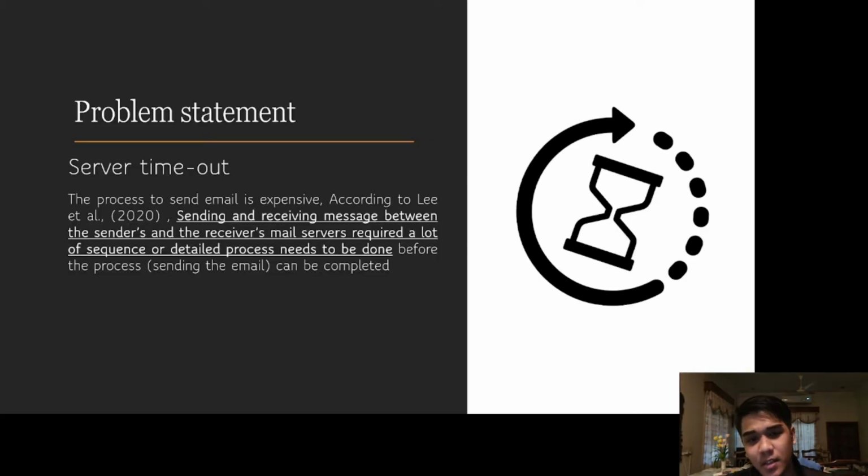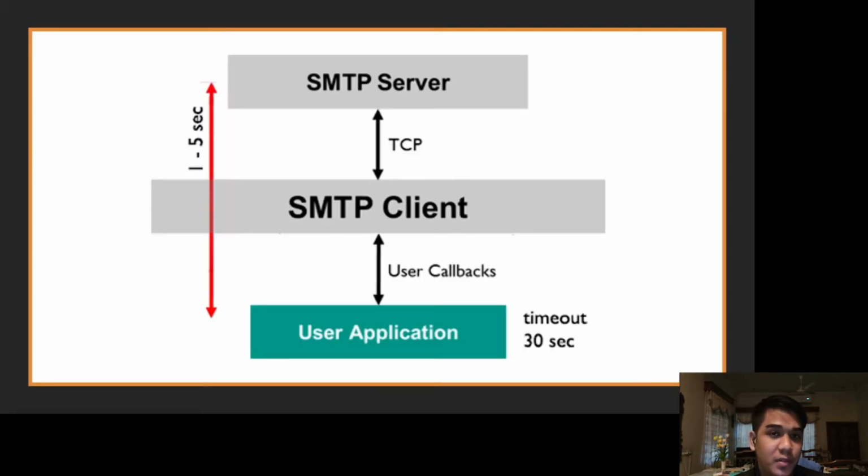So now let's take a look at our problem. One of our problems is server timeout. This is because the notification features run too long, or take too much time to be done. As you can see in this figure, usually the emailing process takes 1 to 5 seconds to be done.